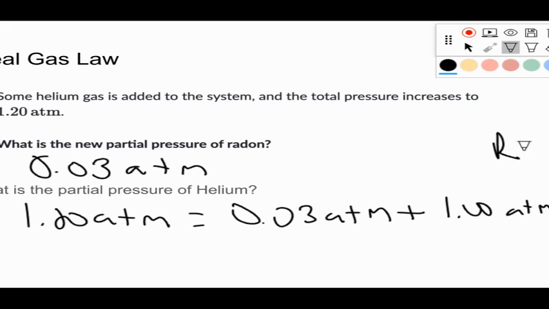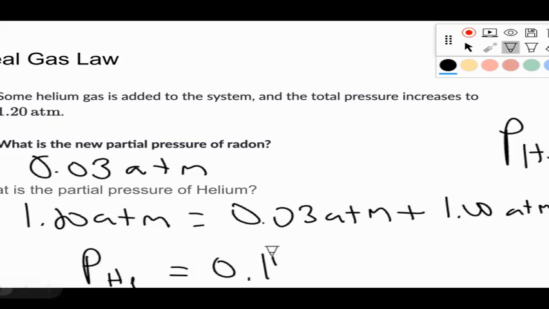Now we're trying to figure out the pressure of helium. So I'm going to do 1.2 minus 0.03 minus 1. And so my new pressure of helium is going to be 0.17 atm. So this is like what we did last time.